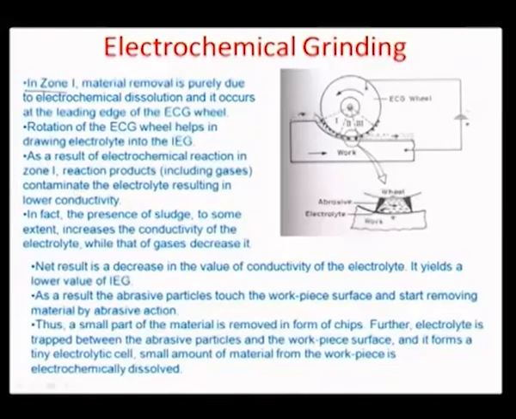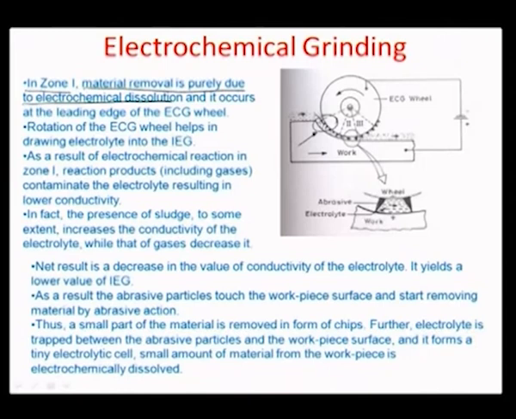So, there has to be some parity between these zones, zone 1, 2, 3, and these different aspects of the ECM, and we will just see that zone by zone. In zone 1, the material removal is purely due to electrochemical dissolution, because you can see here that the abrasives are hardly in contact with the workpiece.